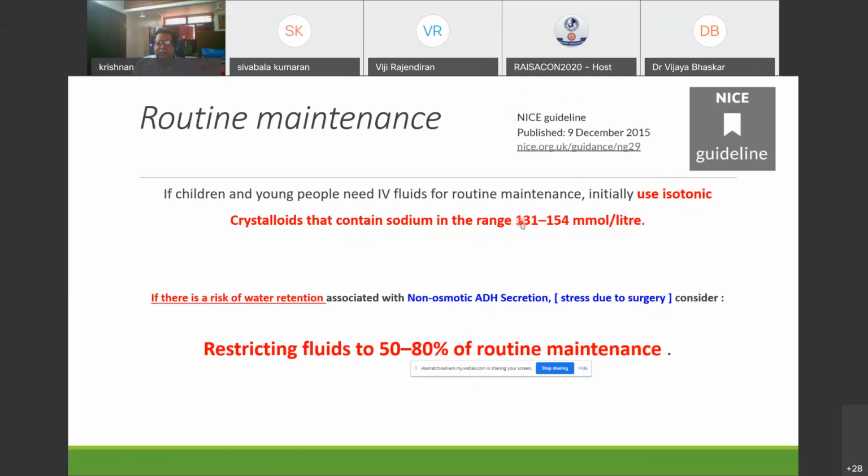What are the fluids that contain this amount of sodium, 131 to 154? What we have right now is ringer lactate. Normal saline, we may not use for maintenance. The new fluid is Plasmalyte. I'm talking about plain Plasmalyte, not Plasmalyte which contains dextrose. All these fluids contain sodium roughly between 131 and 154. So the NICE guidelines of 2015 very clearly say that when you are going to give maintenance fluid, use only ringer lactate or Plasmalyte.